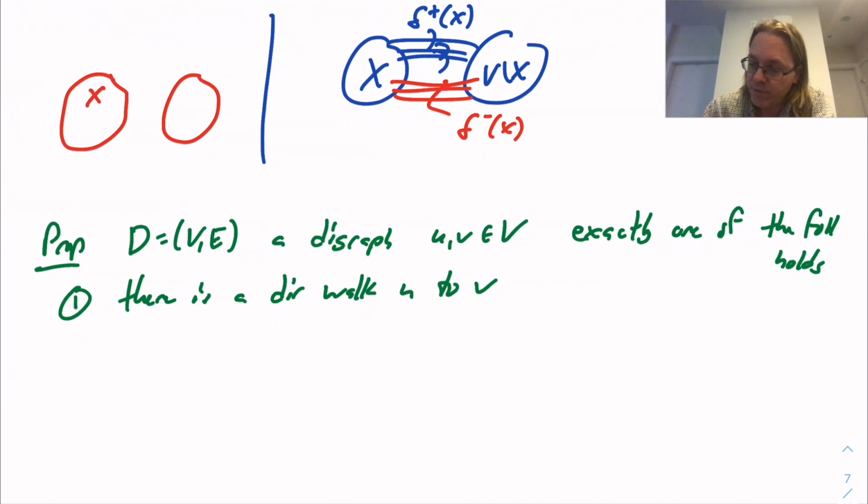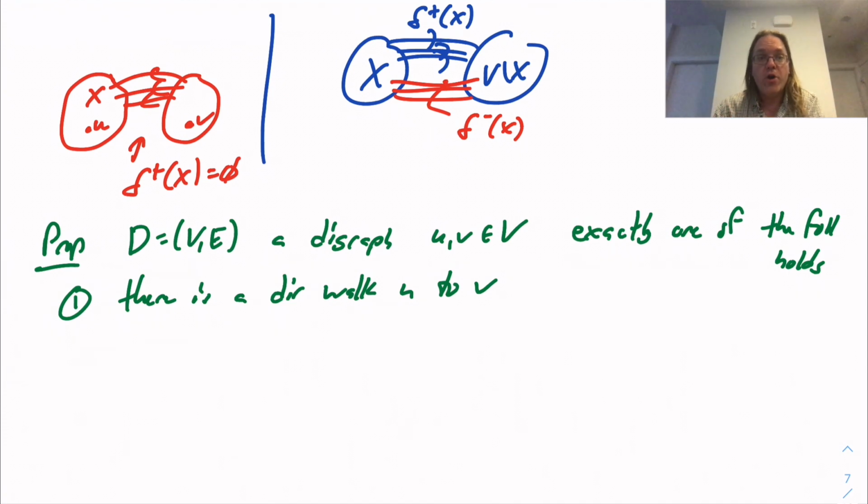Suppose there was a subset of vertices x containing U but not V, and I told you that there are no edges that go from x to the complement. I don't mind if you have edges going back like this, but delta plus of x is empty. So there are no edges that go from x to the complement.